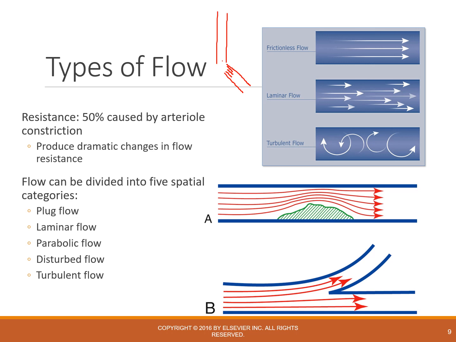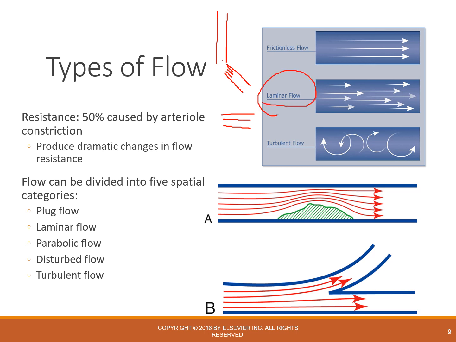So it would be like a laminated countertop where you have straight laminated layers flowing in a parallel manner. So our plug flow would be flowing in this parallel manner, meaning that it's laminar.